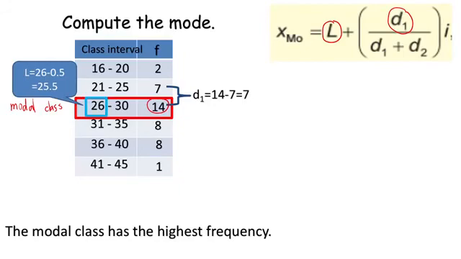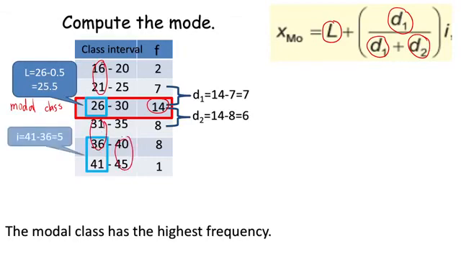What about D sub 2? 6, because that's 14 minus 8. You'll get 6 for that. That's D sub 2. Then the I, 5. You can subtract this or that, you will get your I there.